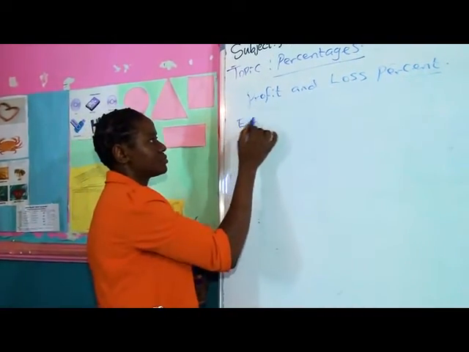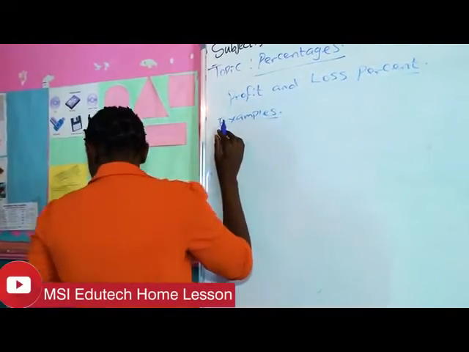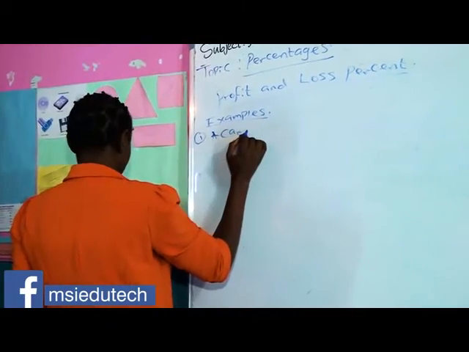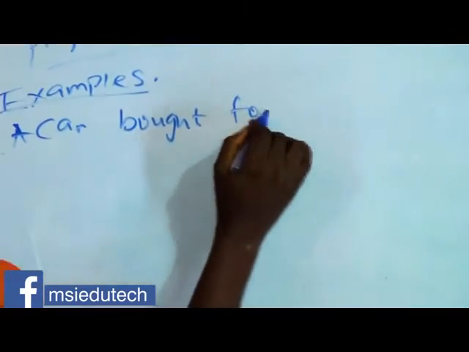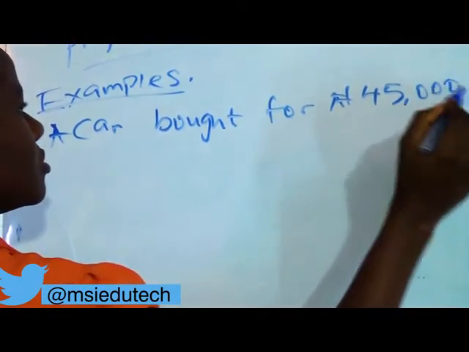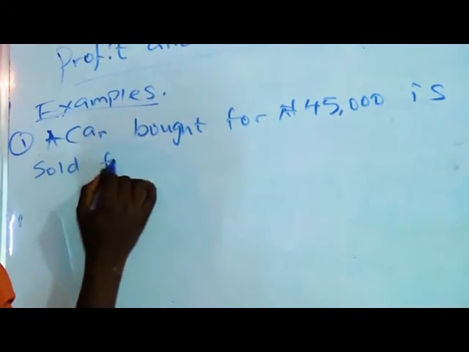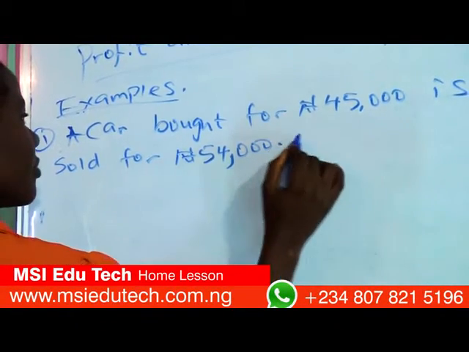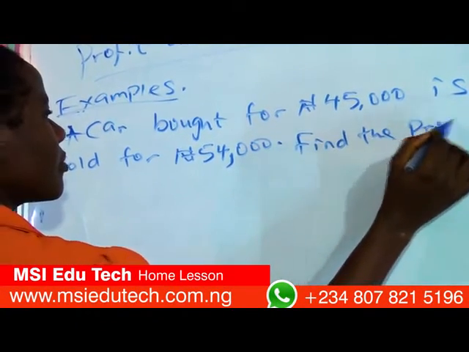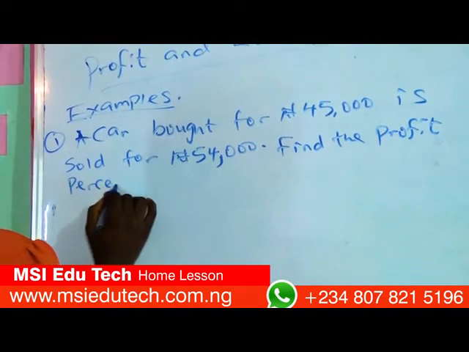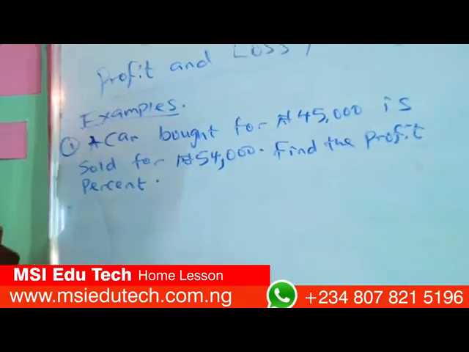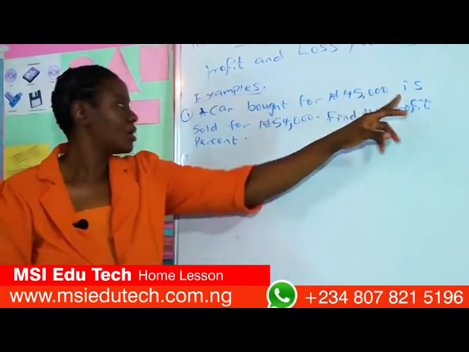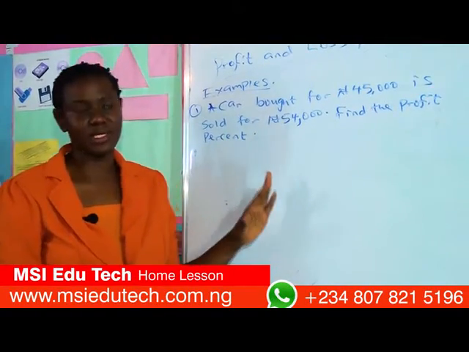Now, let's take some examples. The question is, a car bought for 45,000 naira is sold for 54,000 naira.